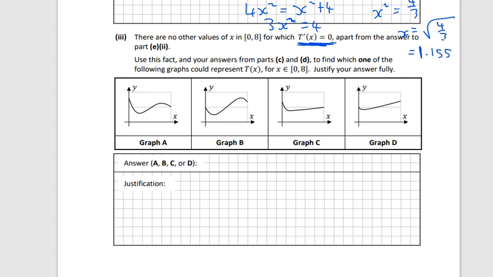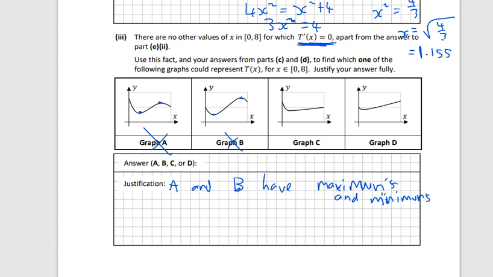So it can't be A or B because they have maximums and minimums. So it has to be either C or D.